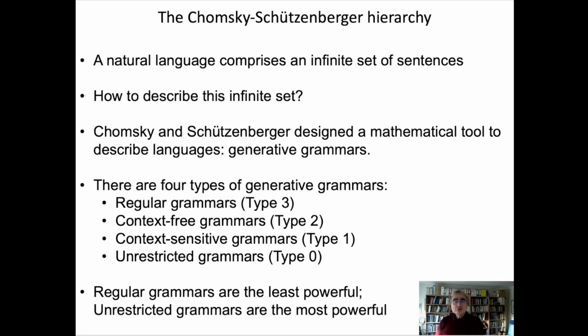They are called generative grammars. There are 4 types of generative grammars: regular grammars, context-free grammars, context-sensitive grammars, and unrestricted grammars. Regular grammars are the least powerful. Unrestricted grammars are the most powerful.